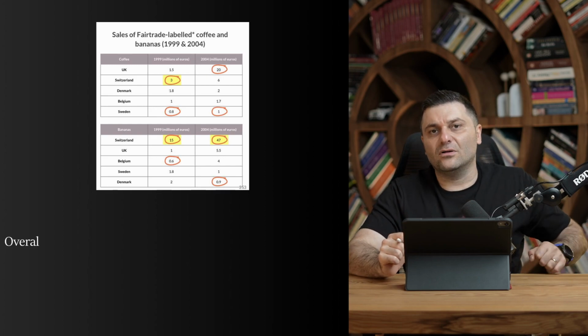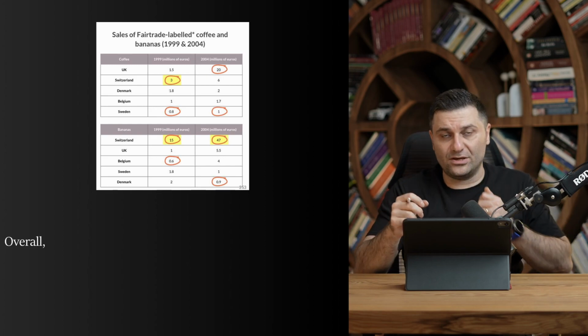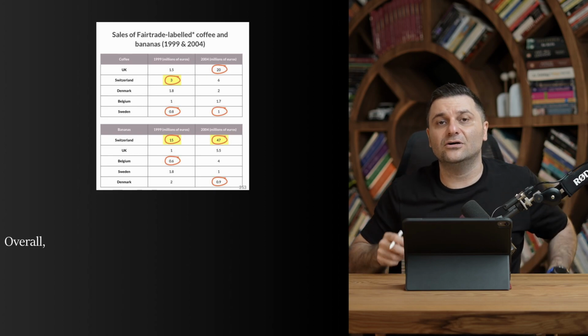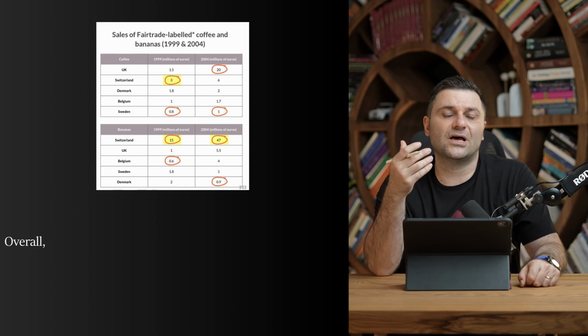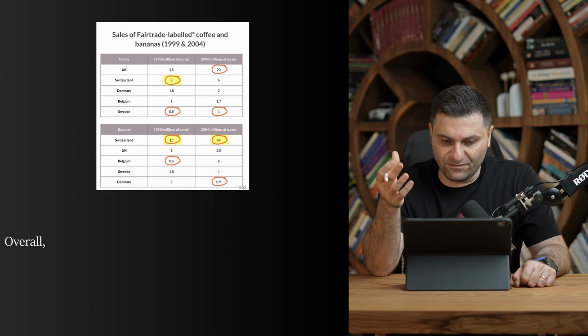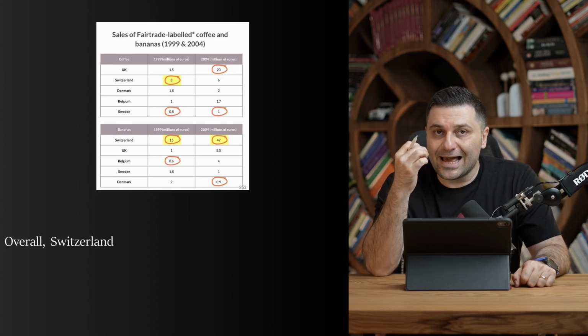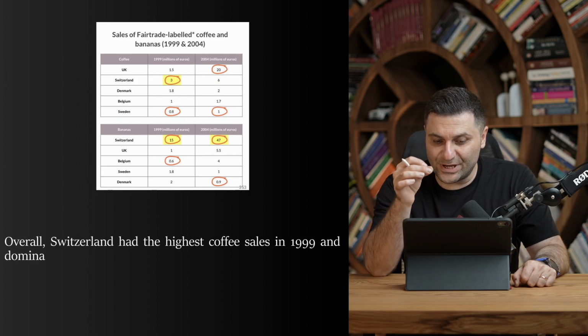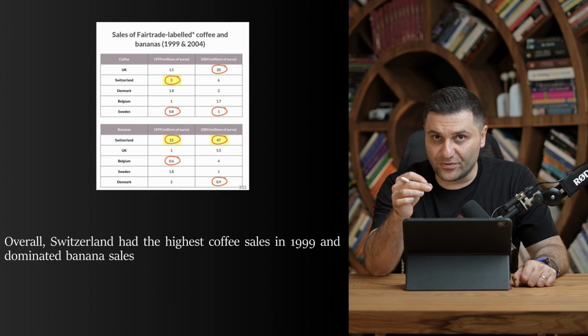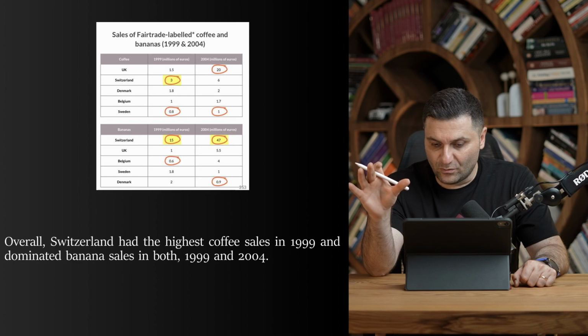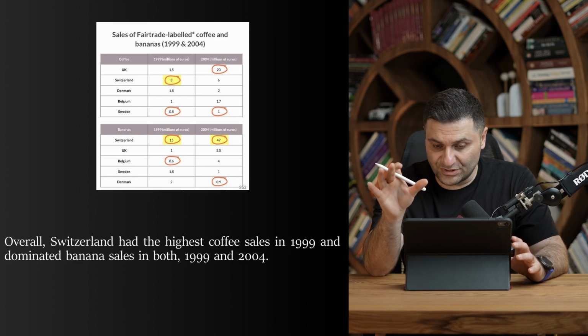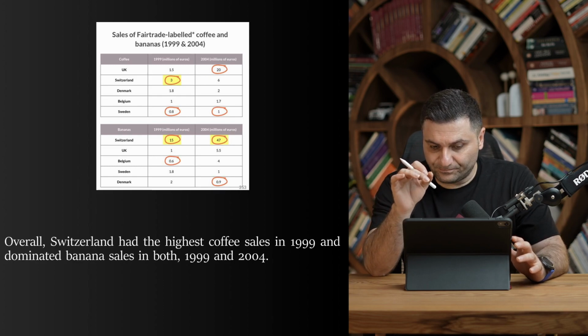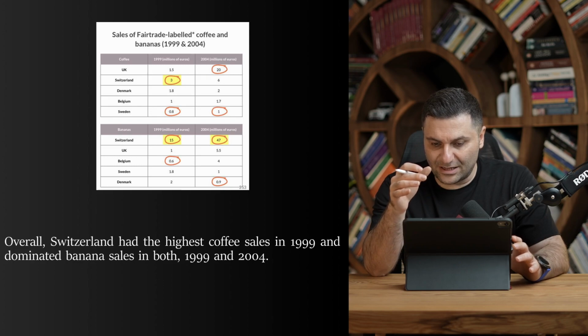Overall, so overall is another word that we can use to start our overview, like in general, like generally. Overall, Switzerland had the highest coffee sales in 1999 and dominated banana sales in both 1999 and 2004. So we talked about Switzerland. Now, we should talk about Sweden.